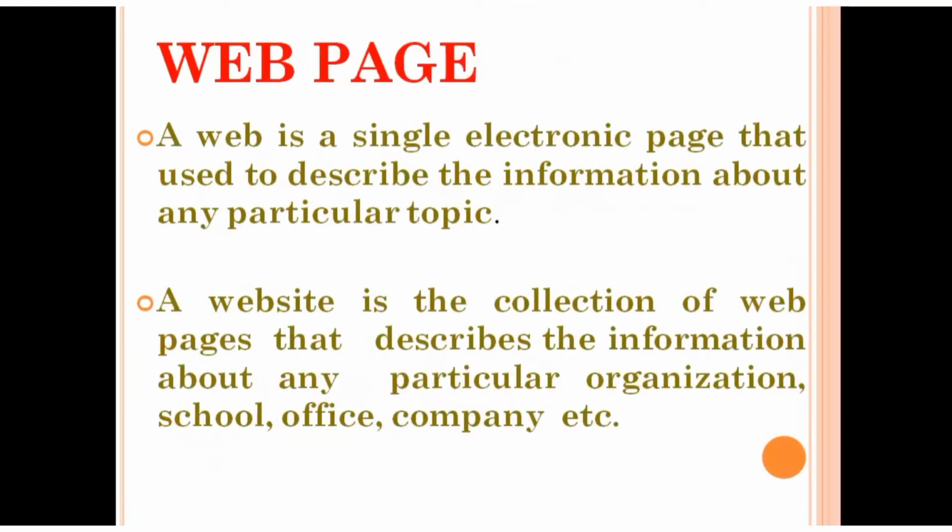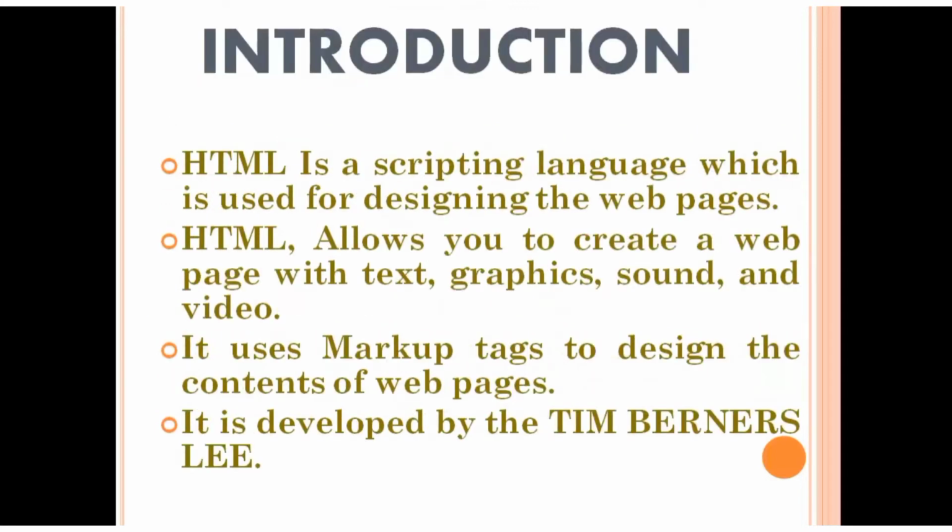Now here we will discuss the web page. So what is a web page? A web page is a single electronic page that is used to describe the information about any particular topic. In our previous slide we discussed that a web page consists of text, graphics, sound and videos.